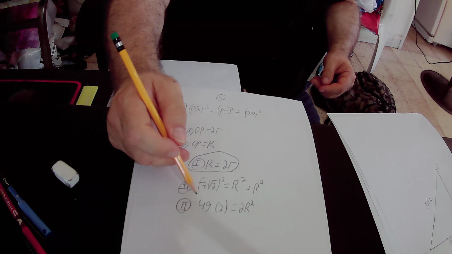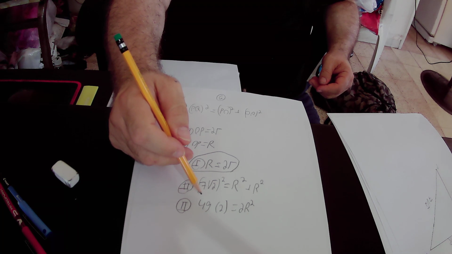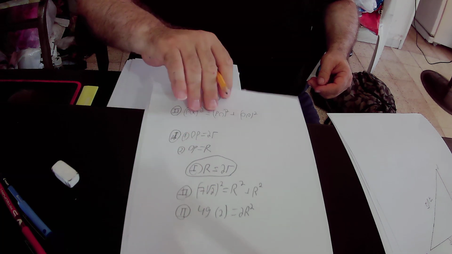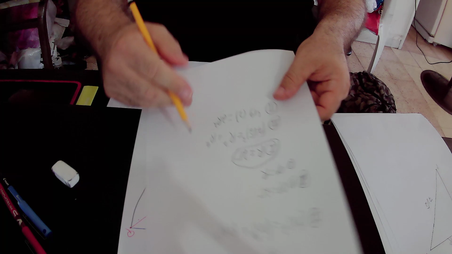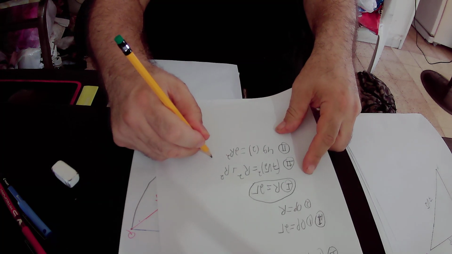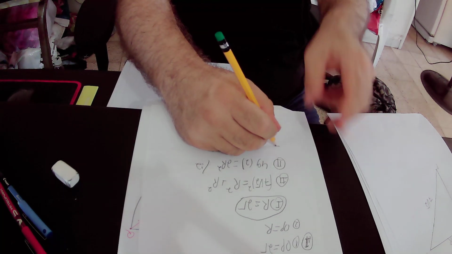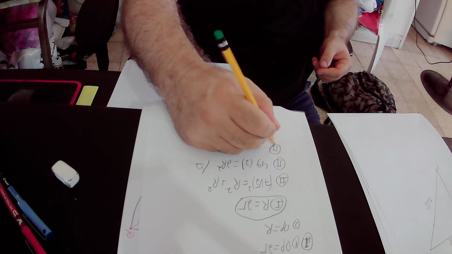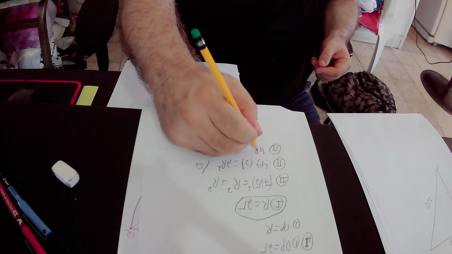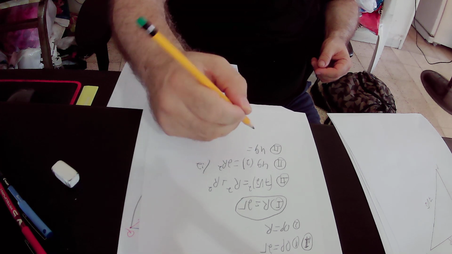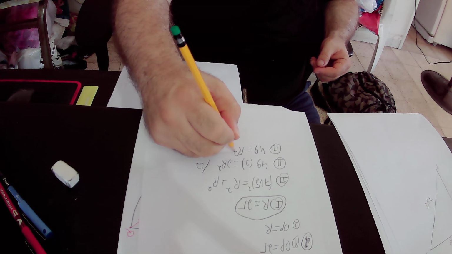Now we can divide equation 2 by 2. We will get that 49 equals R square.